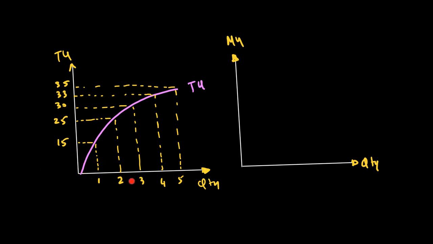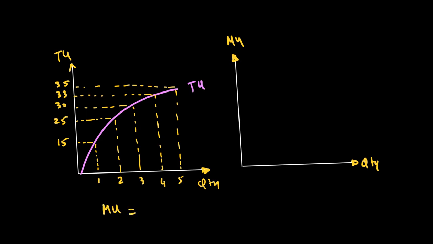And this number becomes, for example, 30 minus 25, which is 5. Which means as I consume more and more tea, my total utility is going up, but it is going up at a decreasing rate.